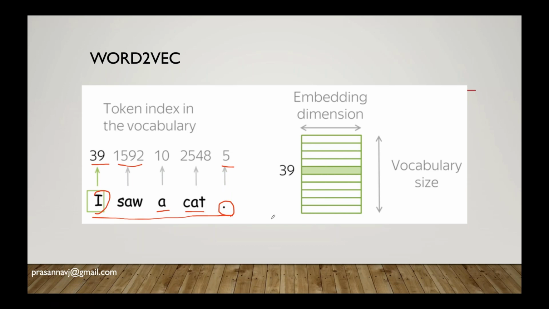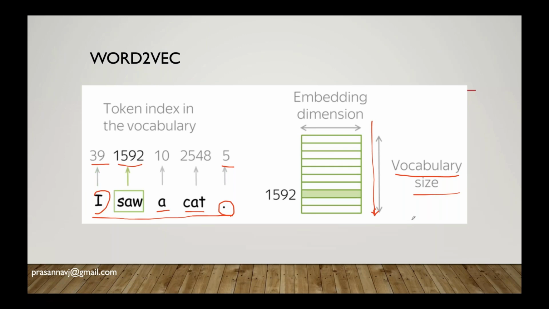This whole embedding vector is going to be the size of the vocabulary. That means if you have millions of words in your language, this embedding vector will have a million dimensions.